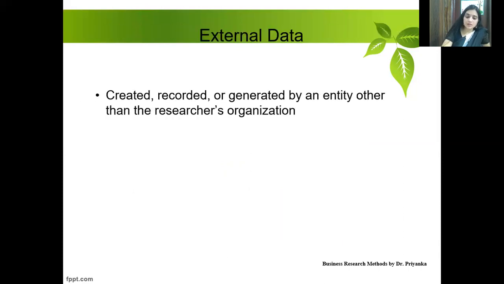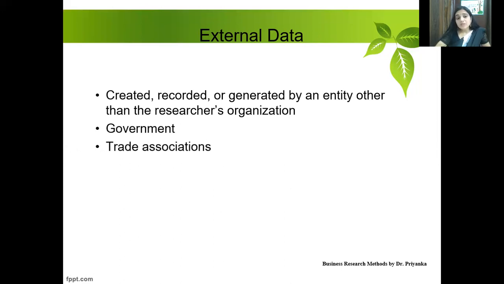Then external data, how is it? This is created, recorded, or generated by an entity other than the researcher's organization. Generally, it is not recorded by your own organization. As the name suggests, external data is not available in the company and not created by the company itself.